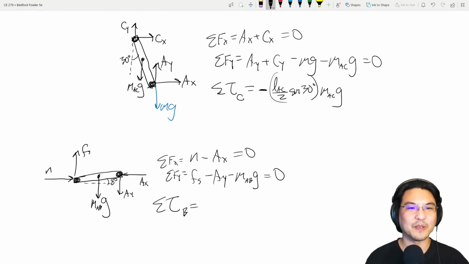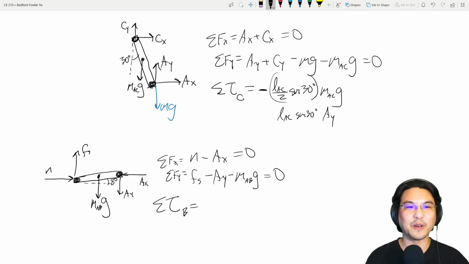Okay, now what is the torque from this force over here? Here to here would be the length of the bar times sine 30. So LAC sine 30. Right, so that's here to here. And then times this force AY.